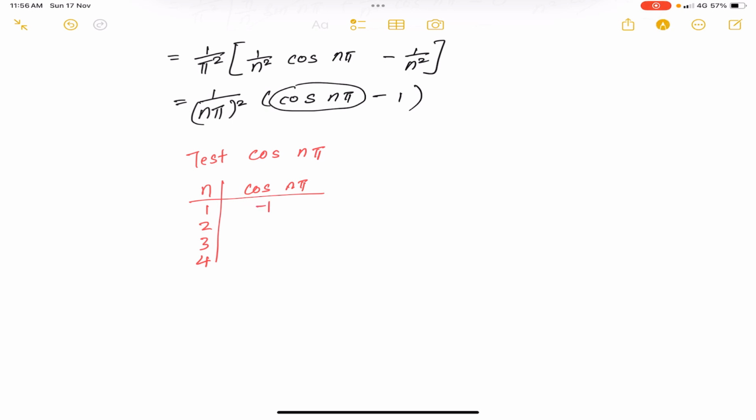If cos 2 pi, you will get 1. Similar to cos 3 pi, you will get negative 1. And cos 4 pi, you will get 1. So if this is the case, you know that n for n equal to even and n equal to odd is different value. So now we can substitute in here.